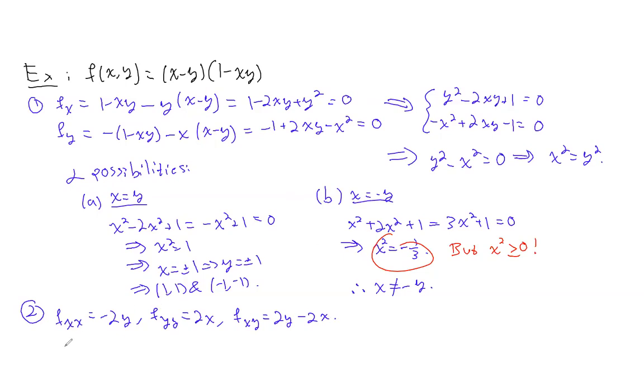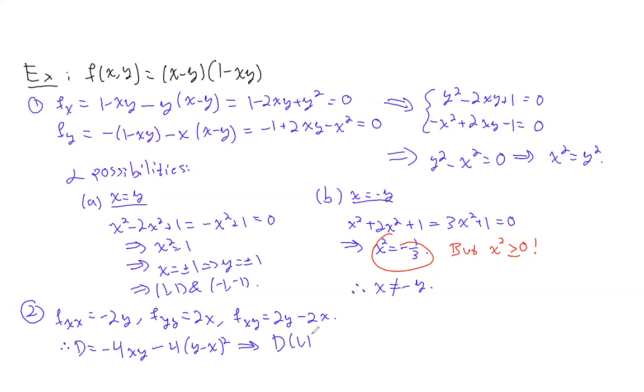So the upshot of all of this is that D is equal to negative 4xy minus 4 times (y minus x) squared. That's what you get when you take fxx times fyy minus fxy squared.